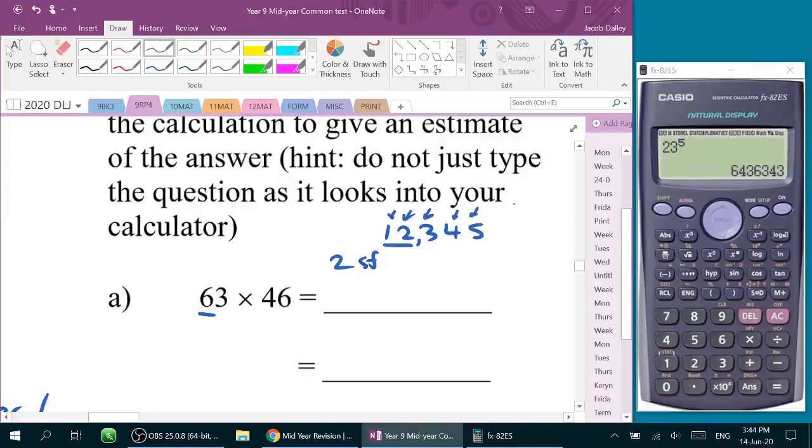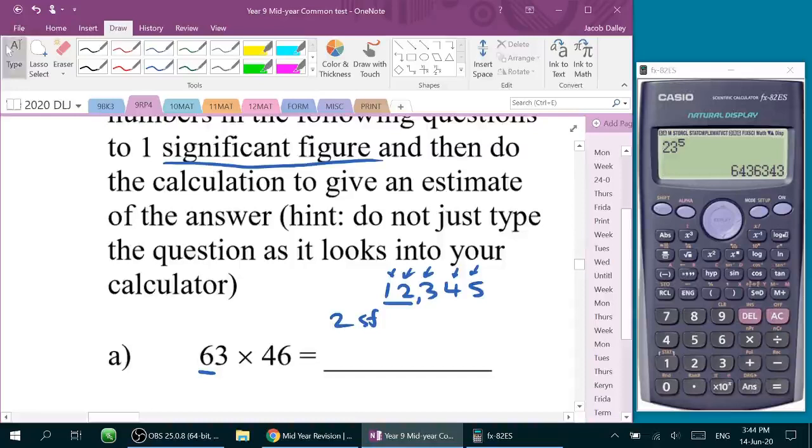So the numbers on the left have more value, they're more significant than the numbers that are to the right. So this to two significant figures would be 12,000. You just fill the other digits with zeros. So these are the two significant figures, and then everything else just becomes zeros.